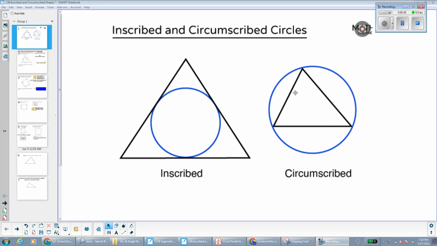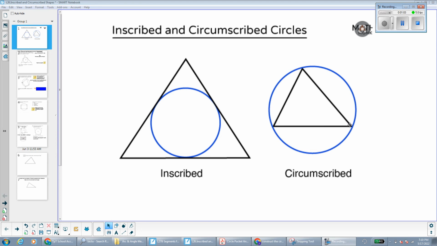Over here, we have a circumscribed circle. That means that the circle is drawn around the triangle so that it completely touches every vertex of the triangle with no spaces in between.